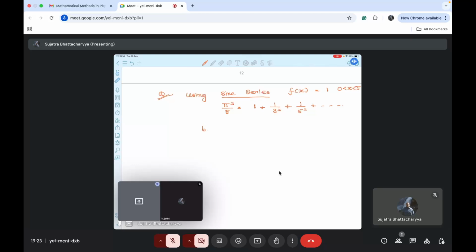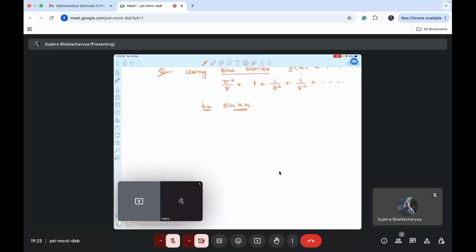Sine series means what? Only the b_k sine kx part, correct? This is what is required. Okay, let's find out b_k first. What is the definition? 1 by pi, integral 0 to 2 pi, f(x) sine kx dx. Correct?